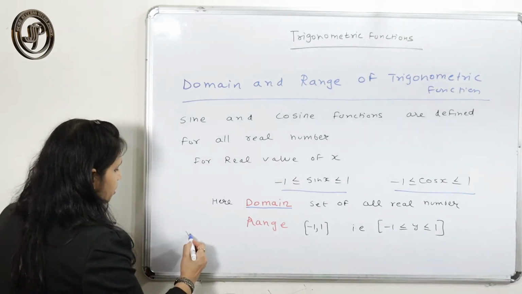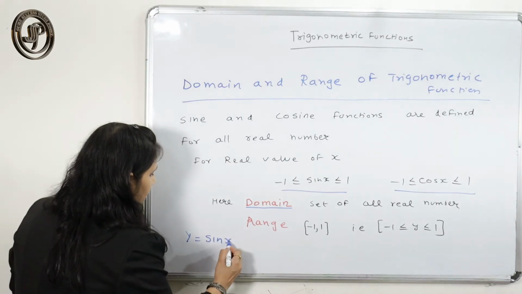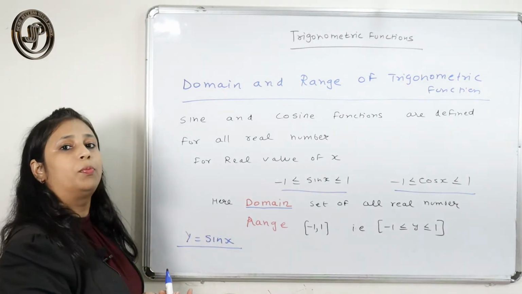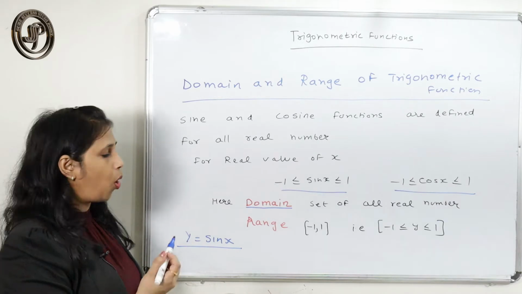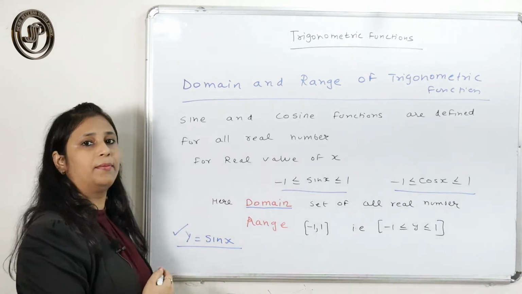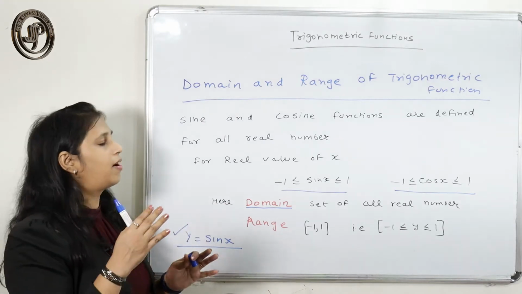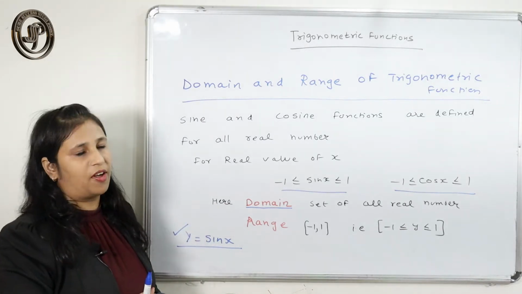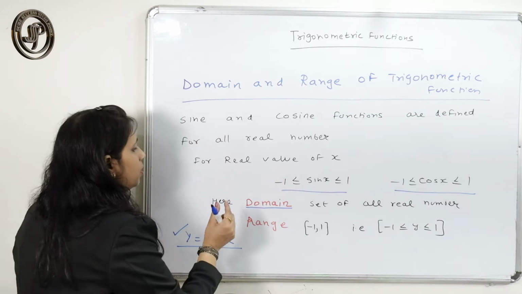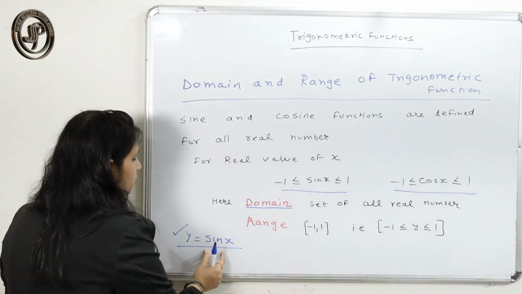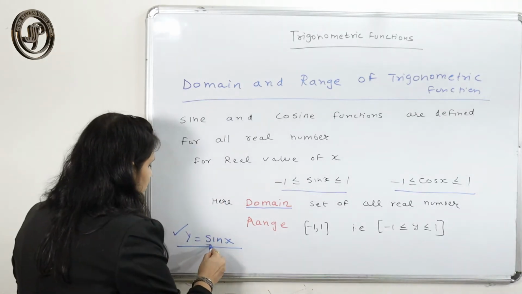If I write sin x, what would be the values of x on which the function can be defined? Since sin x is defined for all real values of x, this is my domain.